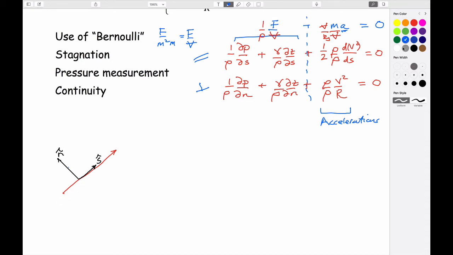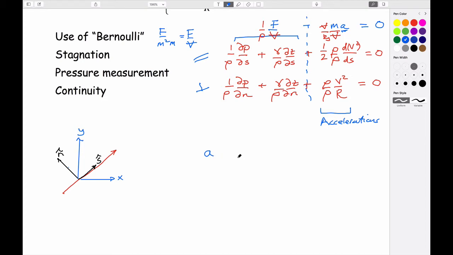We have a coordinate system, let's call it x and y instead of, I guess it could be x and z instead. And so what we can do is define that the acceleration along a streamline is equal to an expression that we saw on a previous page.